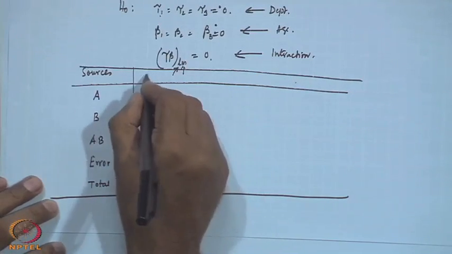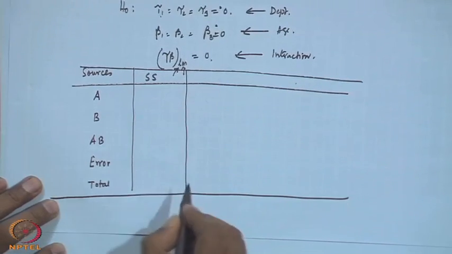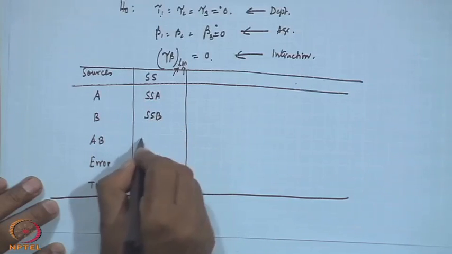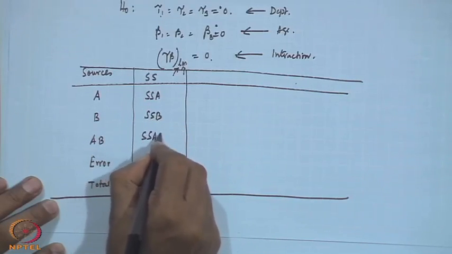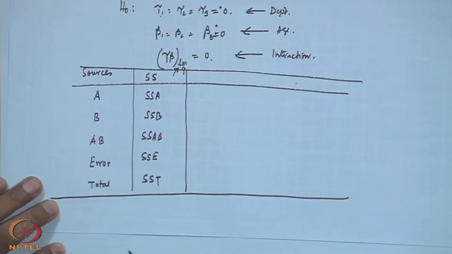What you require to compute is SS. SS means sum of squares A, sum of squares B, sum of squares AB, sum of squares error, sum of squares total.